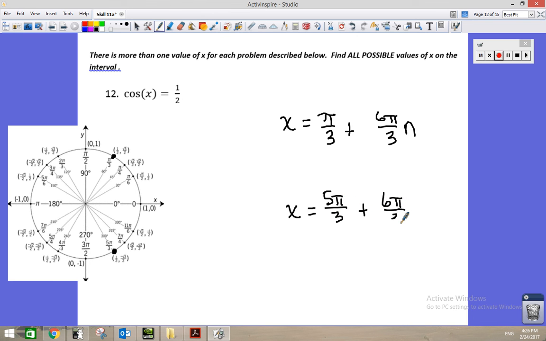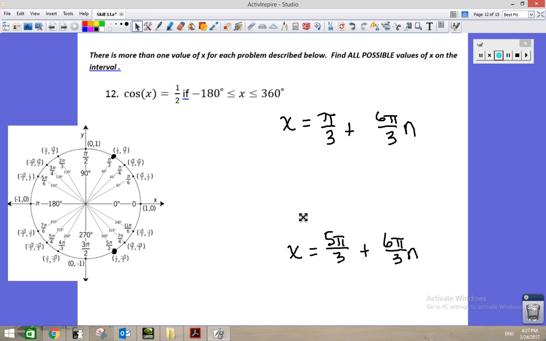But it didn't want all of the angles. It wants me to work in degrees. I hate degrees. Radians are so much easier to work with. All right, so pi over 3 is 60 degrees, and 2 pi is 360.